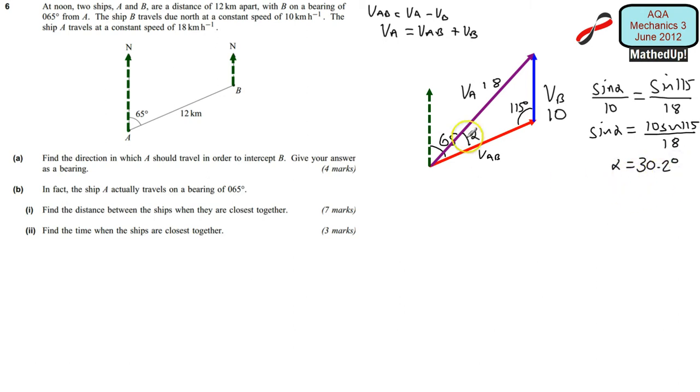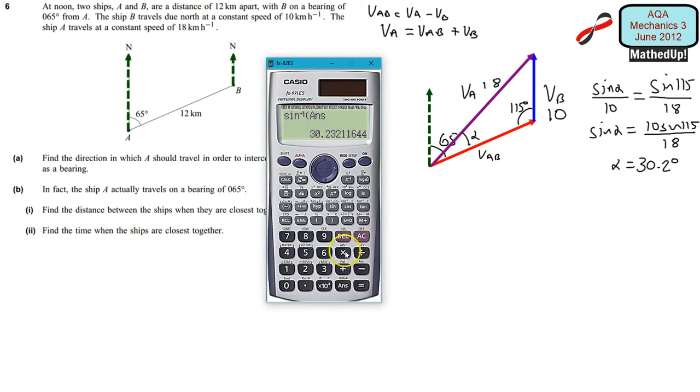Okay, so we now know this angle here is 30.2 degrees. I want to know the bearing, so from the north, we want to know what this angle here is. If that's 65 and that's 30.2, I can do 65 take away 30.2, and that's going to give me 34.7 degrees.